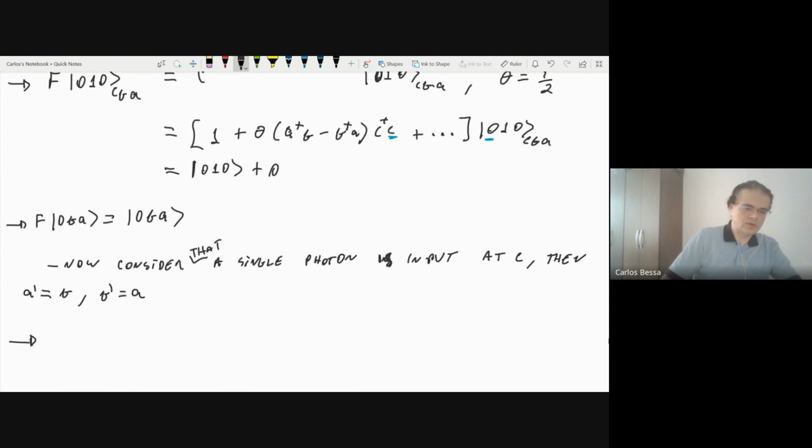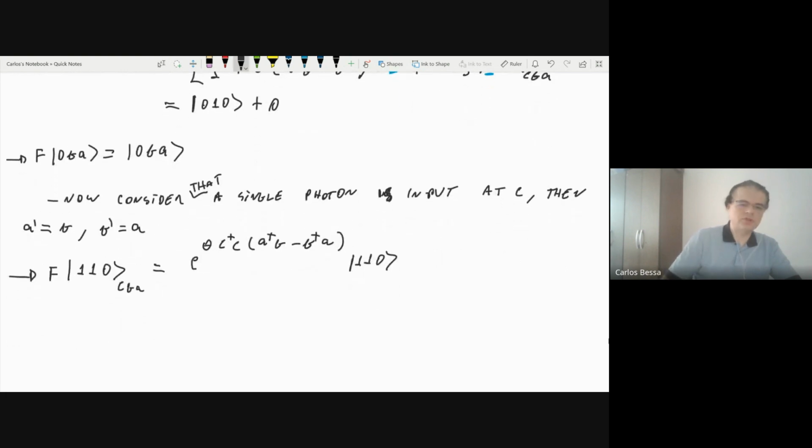So let's see an example. The Fredkin gate applied to 1, 1, 0. So again, this is CBA. I'll write the gate here: exponential of theta C prime C, A dagger B minus B dagger A, applied to 1, 1, 0.